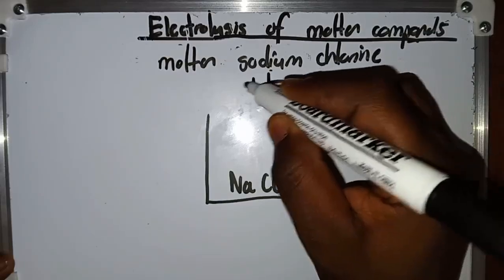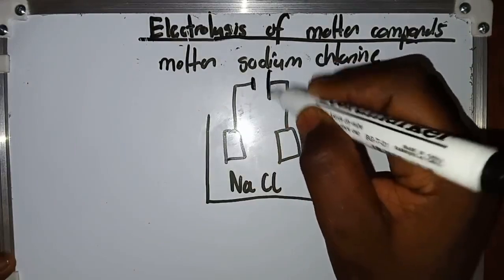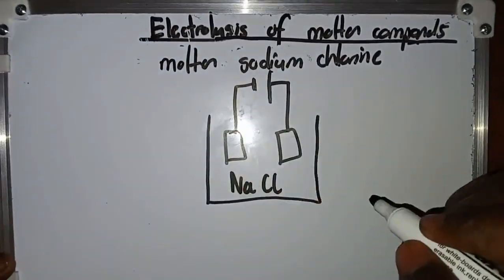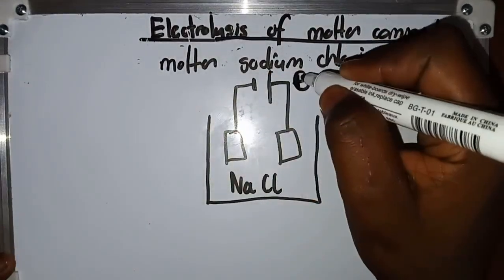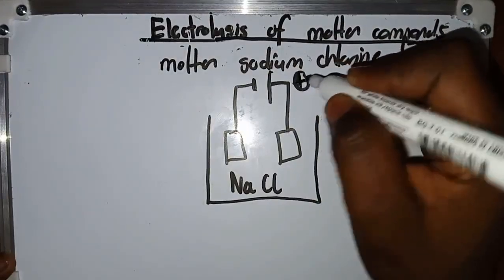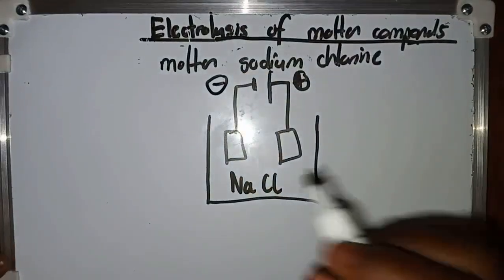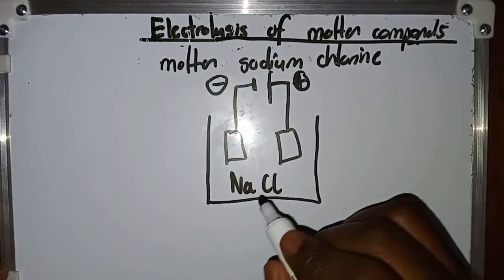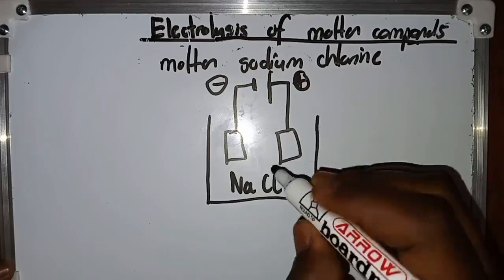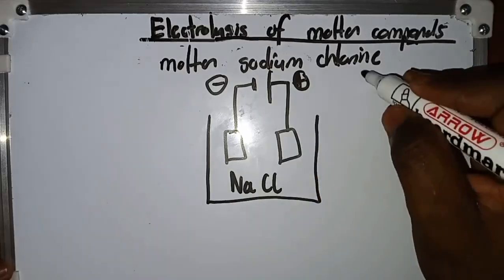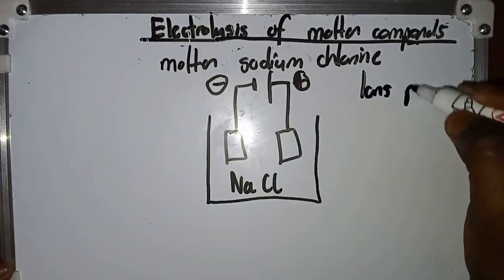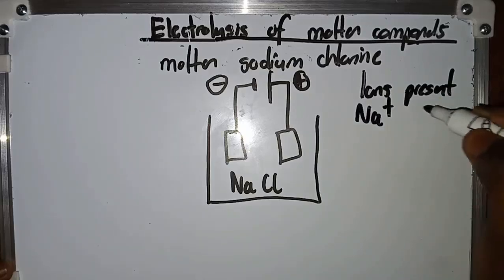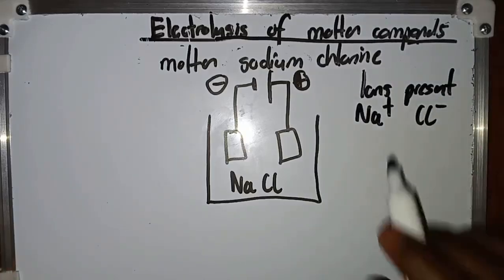Here we've got the positive electrode and the negative electrode, as you can see. In sodium chloride, we have two ions present: sodium plus and chlorine minus.